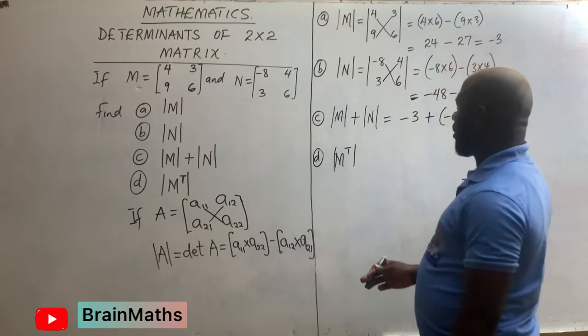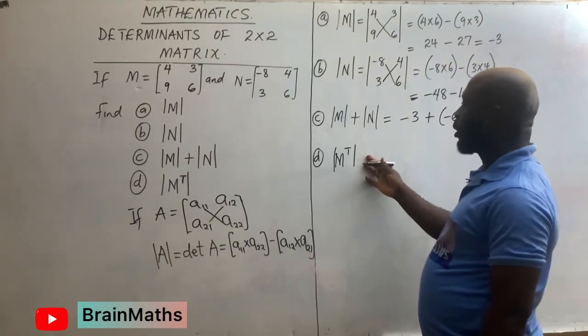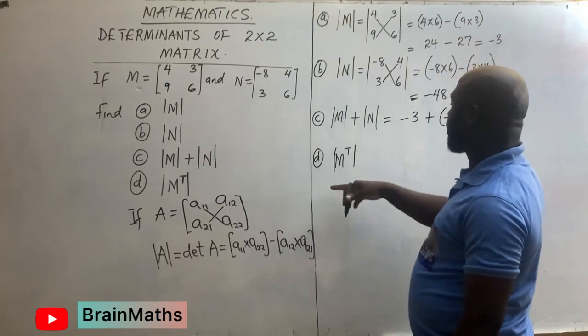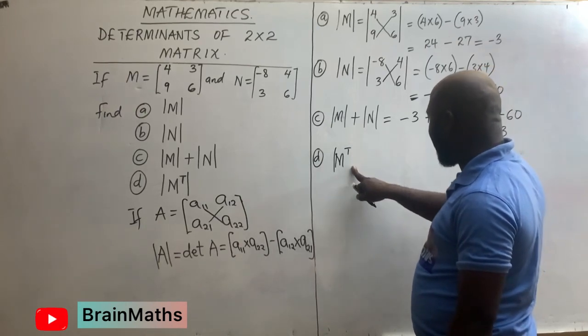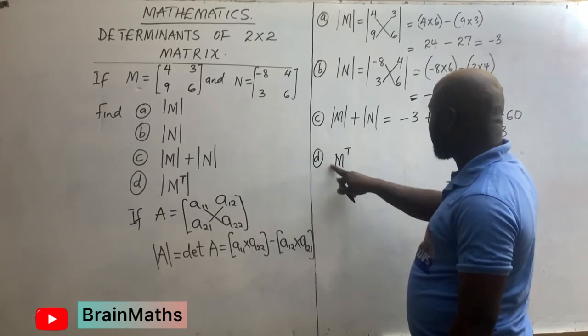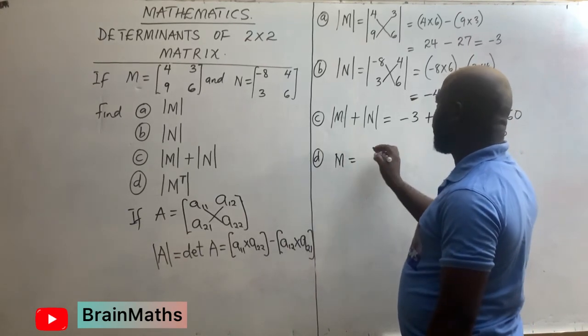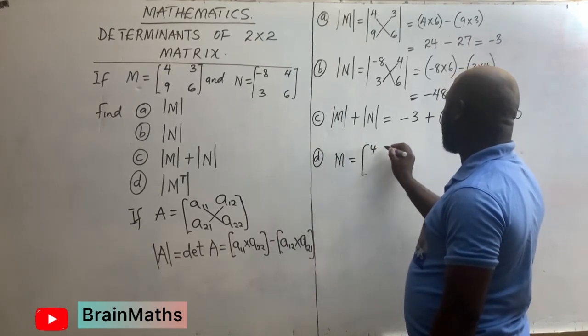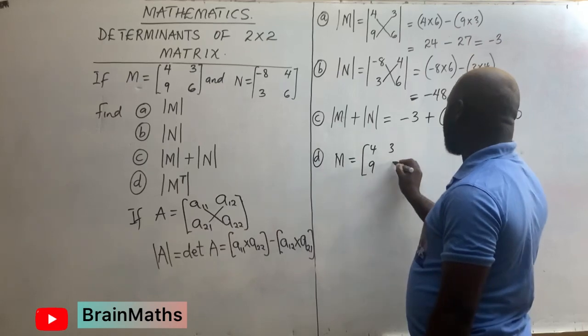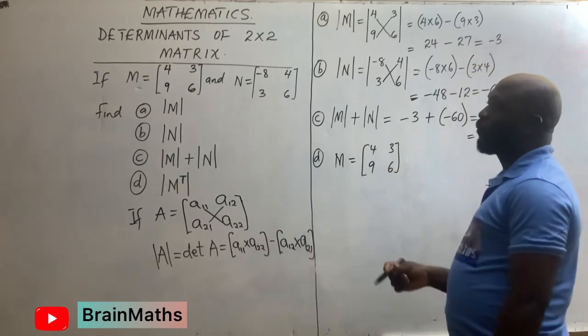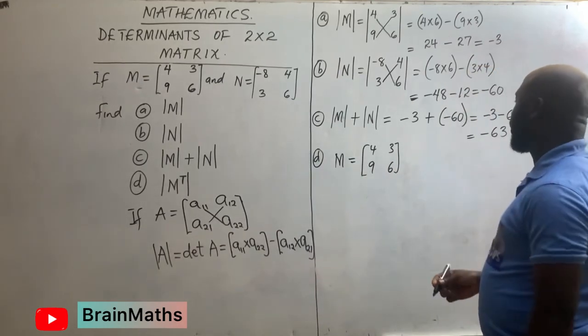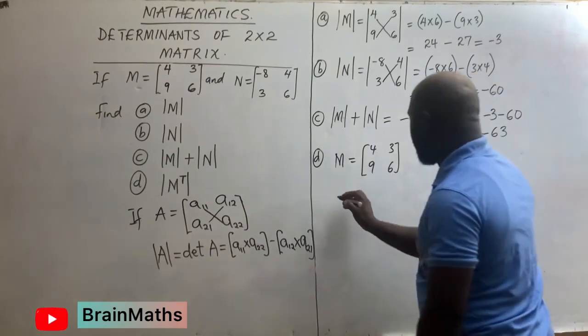But before we arrive at that, we first need to transpose ordinary M without its determinant. So our M now is 4, 3, 9, 6.